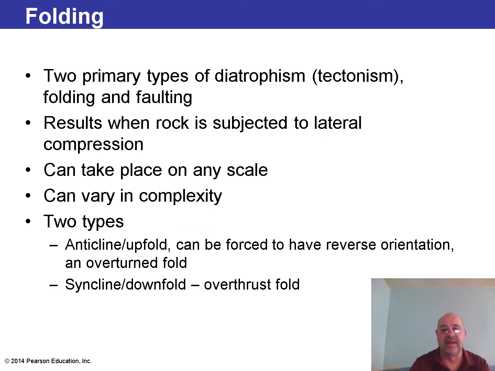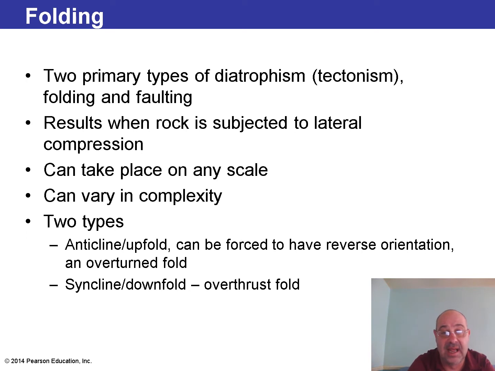All right, folding. So now we're done with volcanism, now we're on to folding. Two primary types of diastrophism. You need to remember that word. Or tectonism: folding and faulting. Results when rock is subject to lateral compression. Okay, boom, we're pushing it in and we're pressing it together. It can take place on any scale.